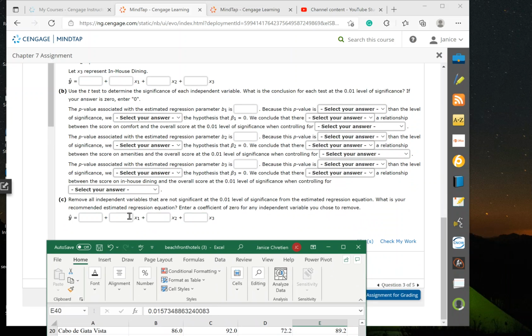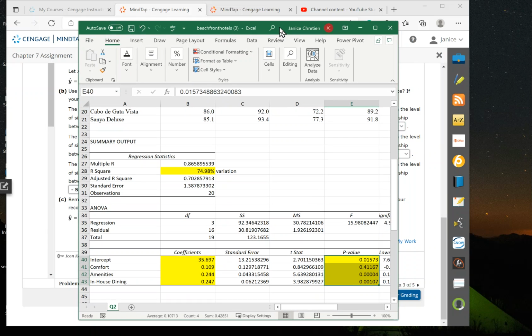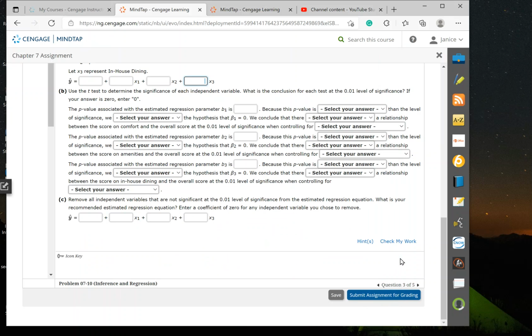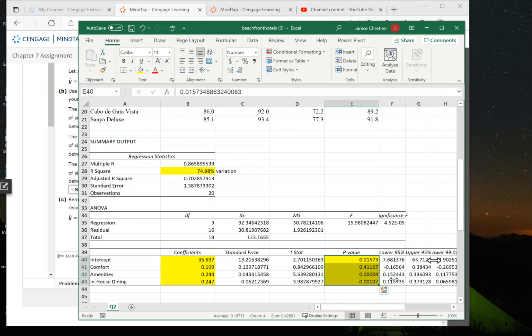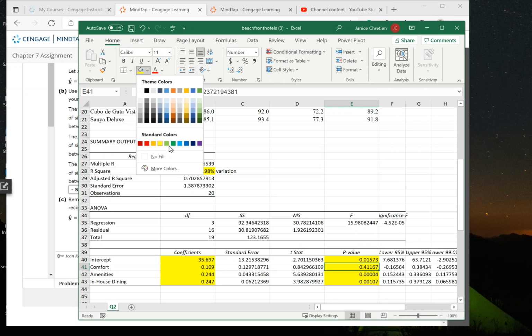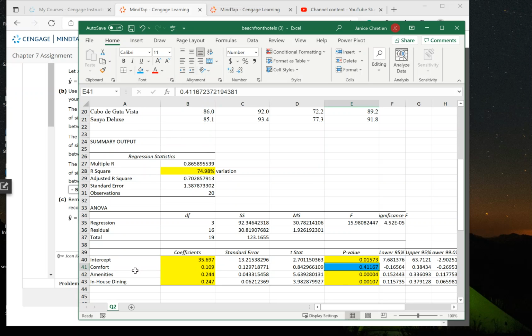Then it says, remove all independent variables that are not significant at the 0.01 value. So when I go back and I look at these, I can tell that right here, the comfort is not significant. So I want to remove comfort.